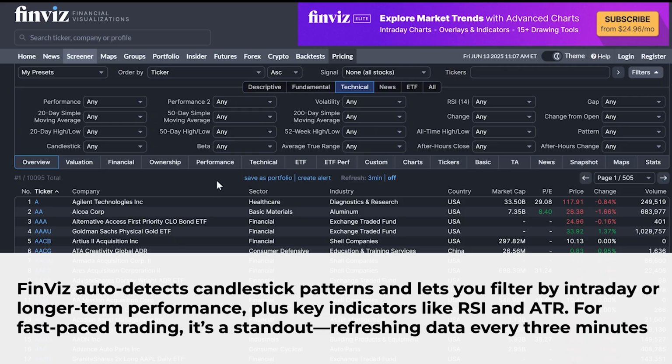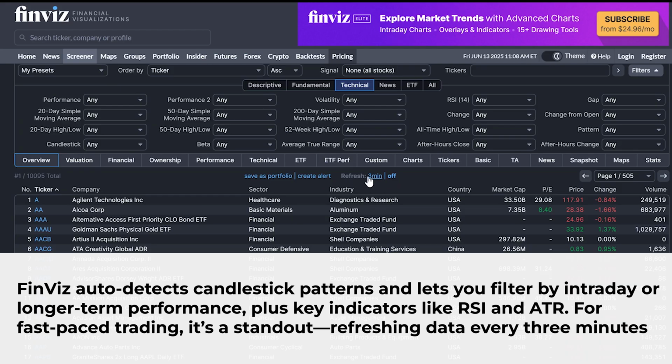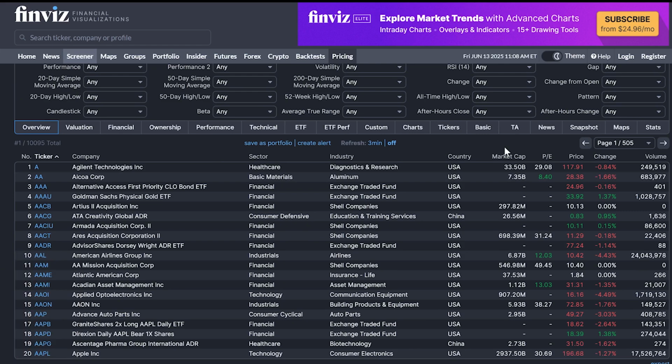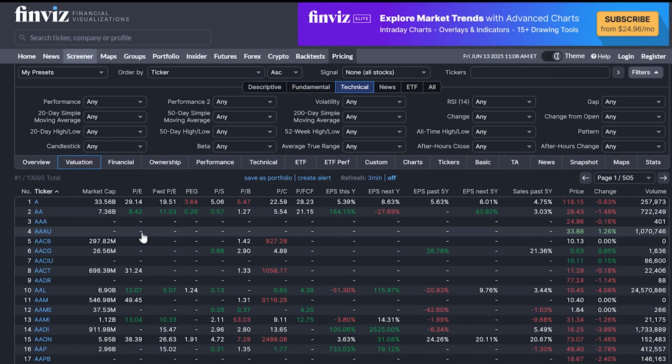Some other things that I really like about FinViz's screener, again, for fast-paced intraday trading, is that you can refresh this data up to every 3 minutes. Instead of customizable tables, it offers a few different table views that you can look at. So, for example, we can look at the same screener result as a valuation table. This is showing key valuation metrics like price to earnings and price to sales.